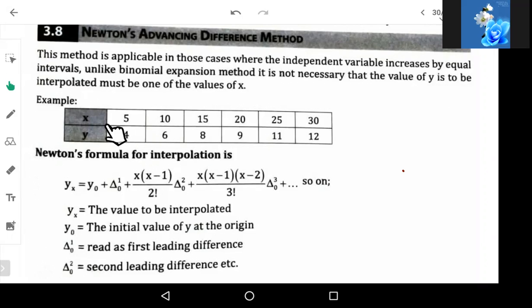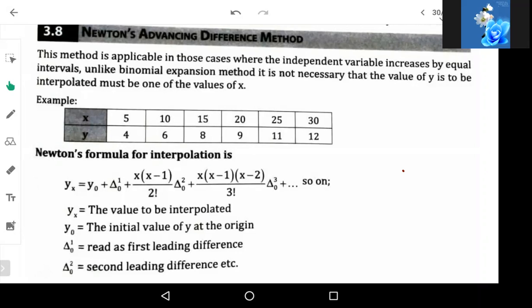The only condition is that the independent variable, x, should have equal intervals. If you see y here, it is different: 4, 5, 6, 7, 8, then after 8, immediately 9, then again 2 differences. So y can have any interval, but x has to have equal intervals.